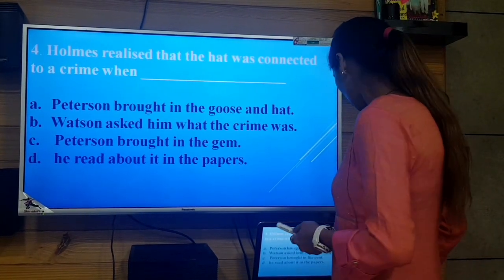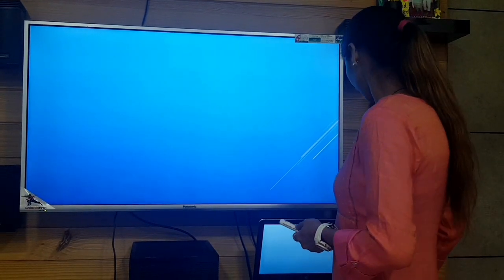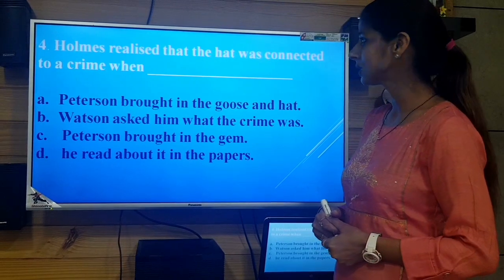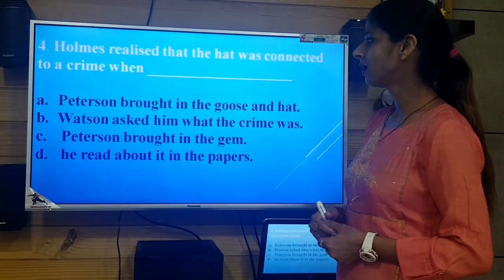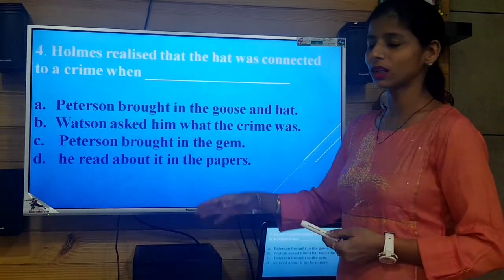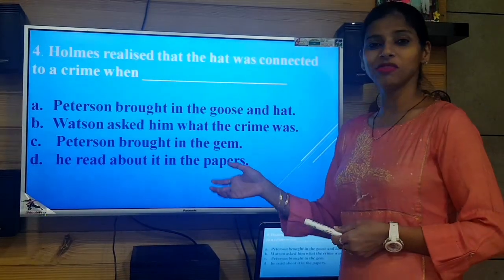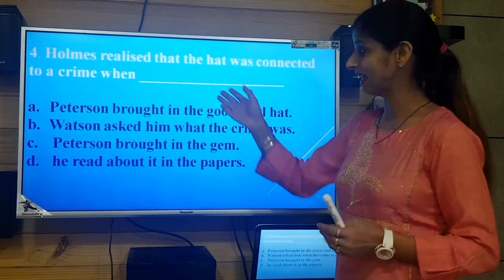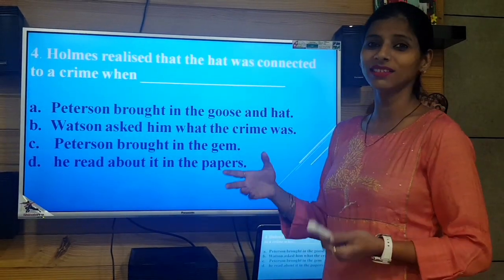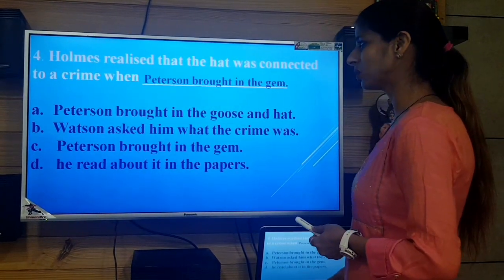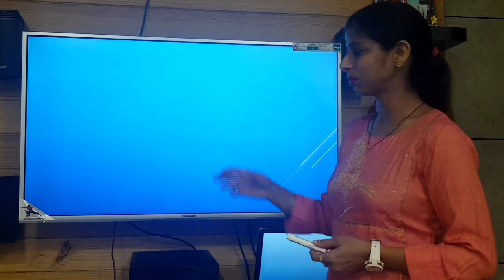Next one is, Holmes realized that the hat was connected to a crime when... the options are given, and I am sure that you got the answer. When Peterson brought the gem in, that time he got to know that it is connected with the crime because he read about that gem in the newspaper, right?